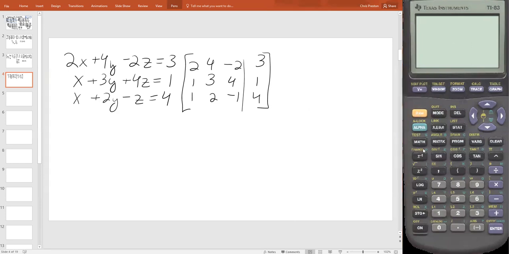Second matrix, go over to edit. That's where you put things in. You're editing them. I'm going to put mine under A again. This is a 3 by 4 matrix. Just type those numbers in just like we did before.